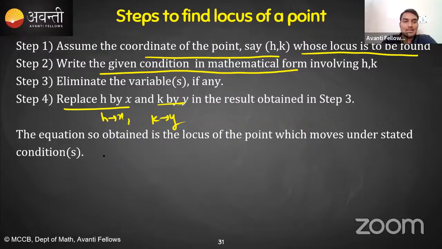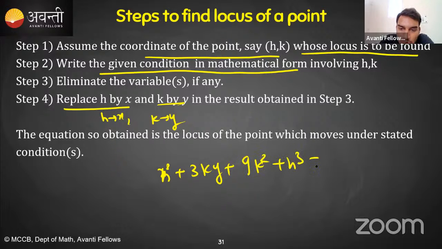Let's say after satisfying certain conditions and eliminating all the variables, you find that h square plus 3hk plus 9 k square plus h cube is equal to 0. ये आ गया. So simply now what you will do after this, replace h by x, k by y.